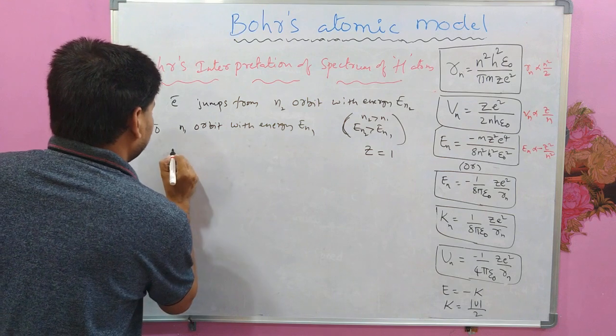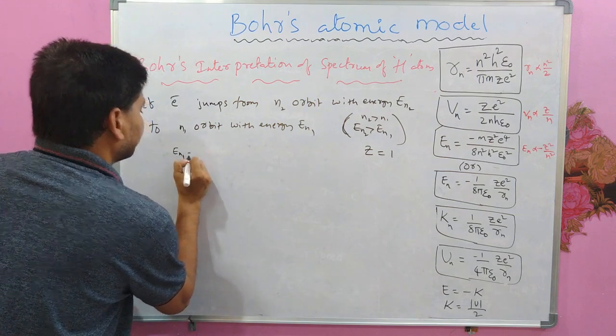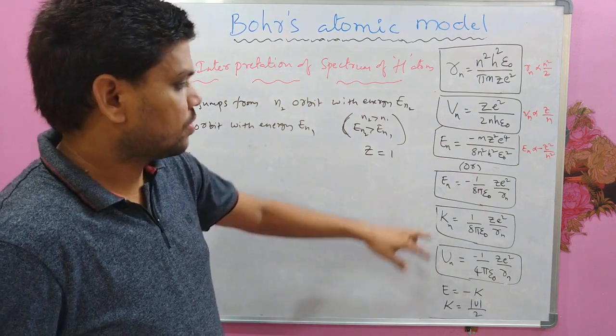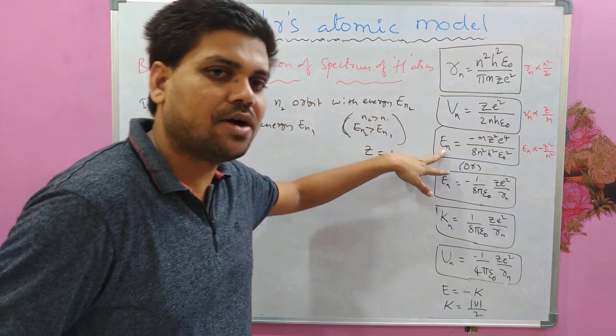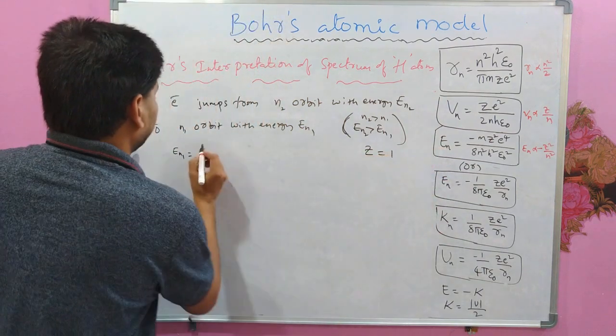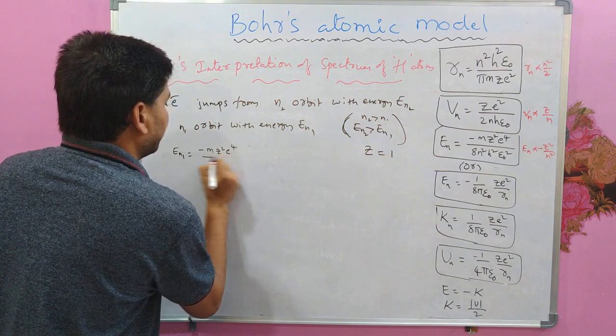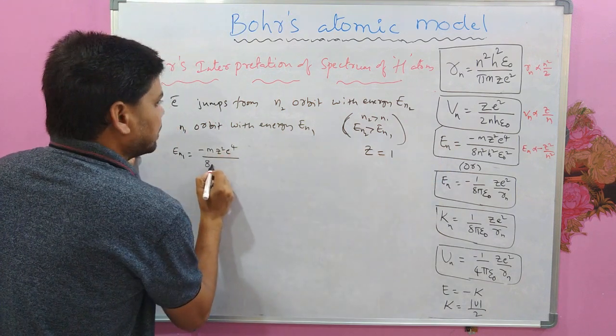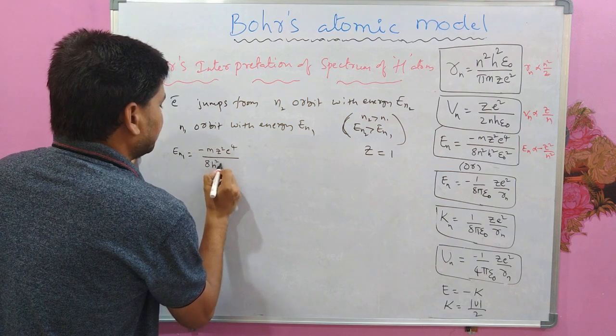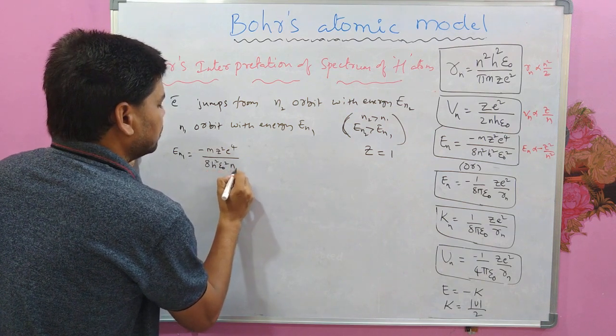Okay, so let us write first what is En1. According to this formula, En1 equals minus m Z square e power 4 by 8 h square epsilon naught square n1 square.